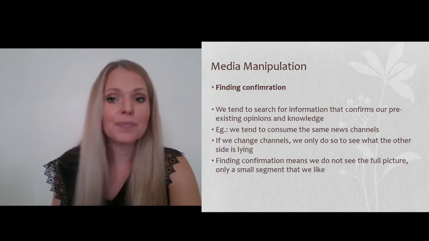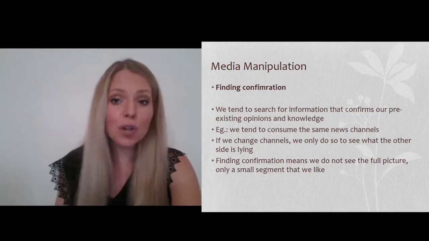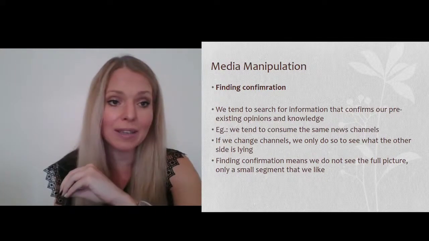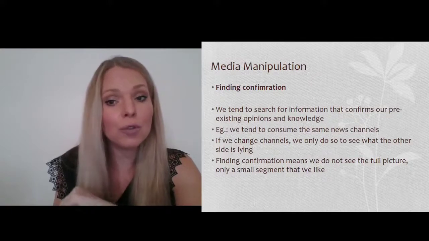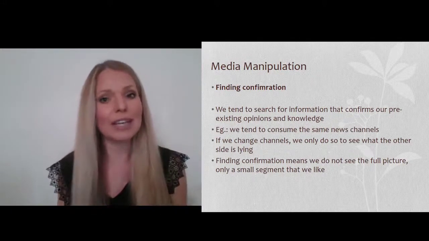Finding confirmation. Now, that's another heuristic or manipulative technique. We tend to search for information that will confirm our pre-existing opinions and knowledge. You told me, which was quite surprising, that many of you are following the news from different channels. In the majority of cases, we don't do that.